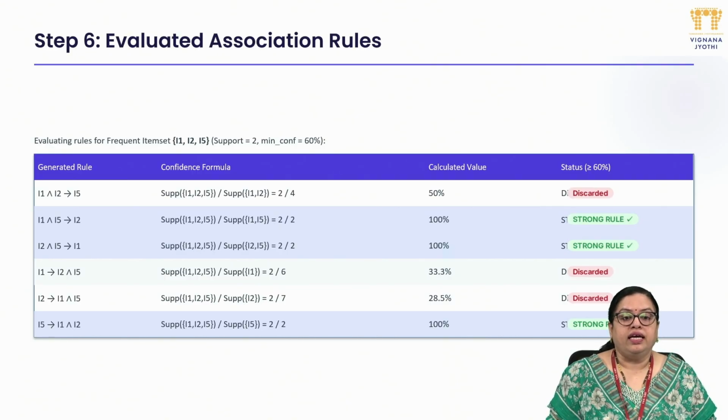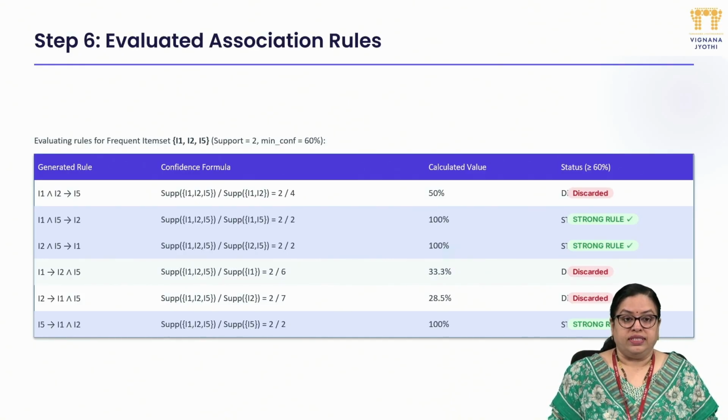Then we are taking another combination: the support of I1, I2, I5 divided by the support of I1 alone, so here I1 is one side and I2, I5 are the other. If we take this type of combination, we discard it. Why? Because the value is 33%. Like this we calculate the next one, which is 28.5%, which is discarded. Next we take another, which is 2 divided by 2, which is 100%, and we take that rule.